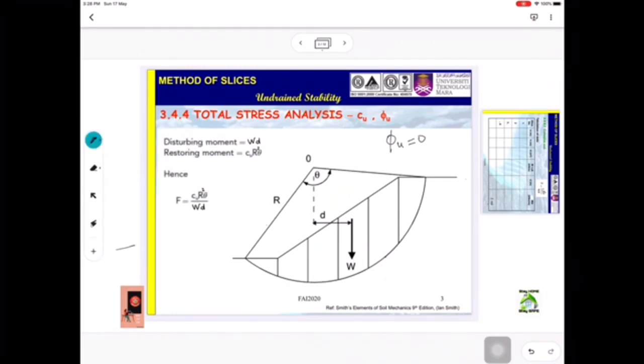The difference between this method and the mass procedure method is this.